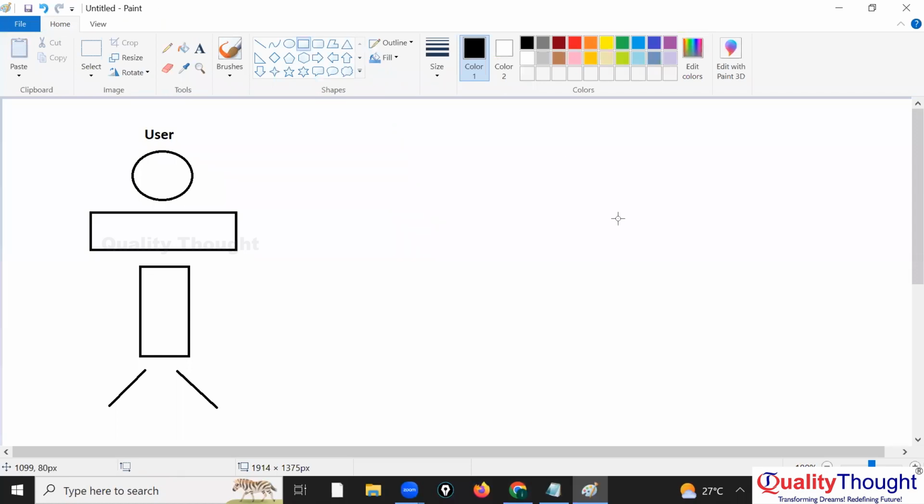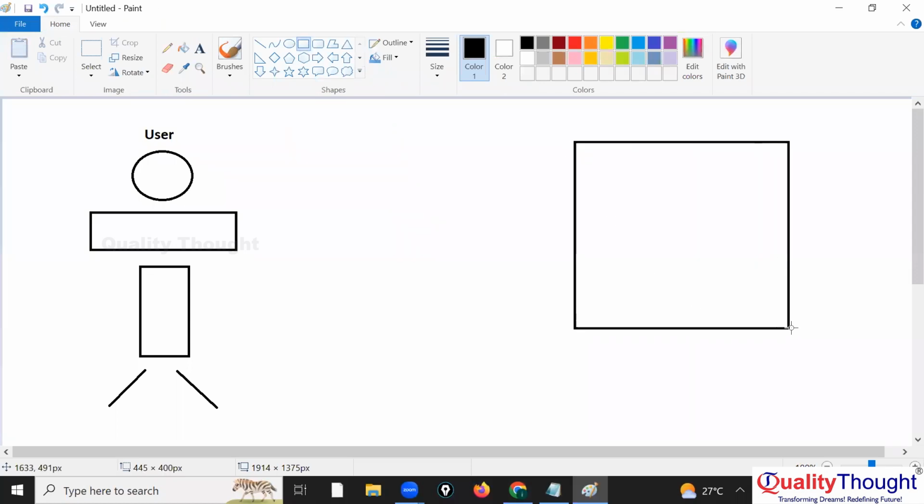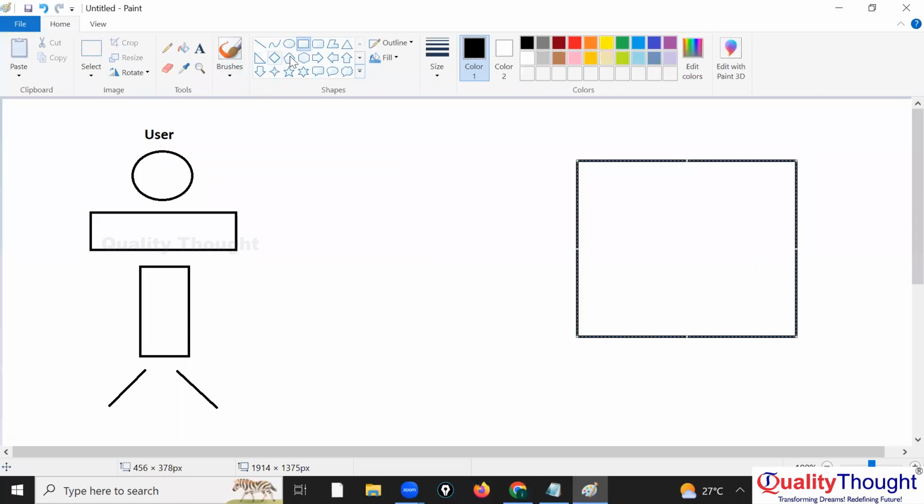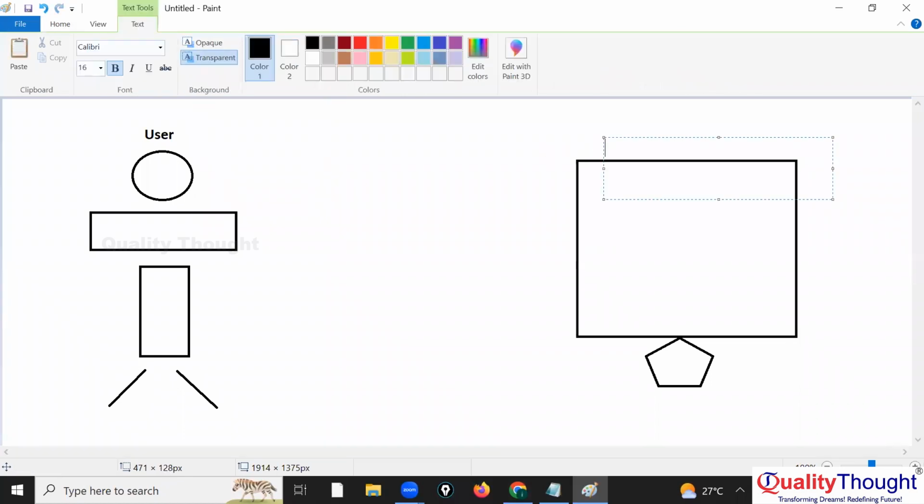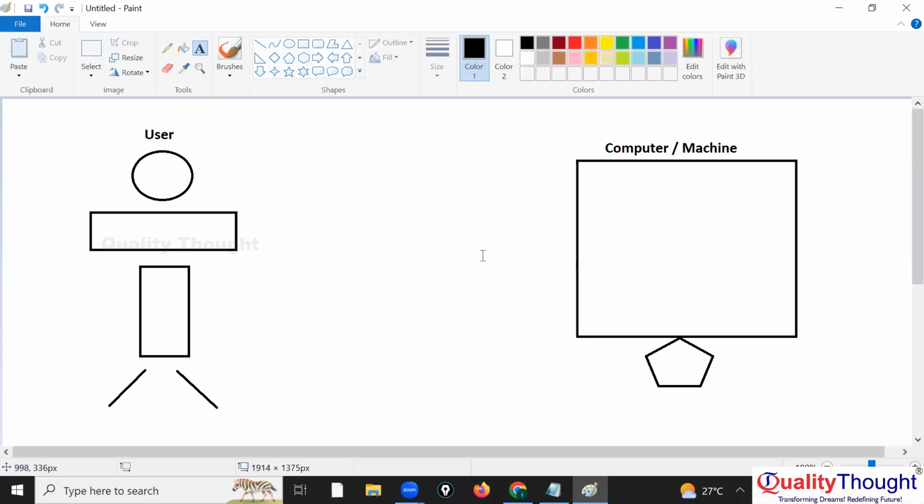And on the right side we have a computer, guys. Assume that this is my computer. This is known as a computer. We can even say machine, because some people call it computer, some people call it machine.